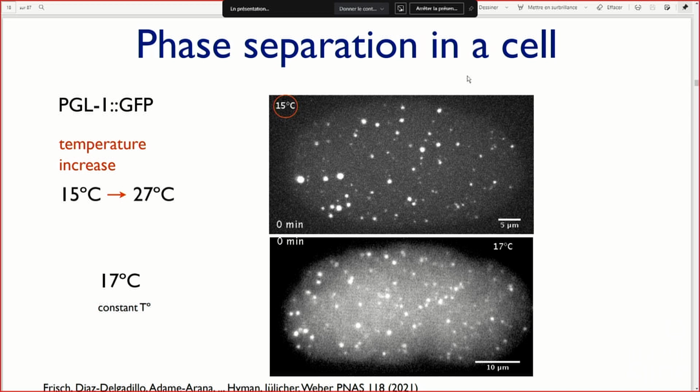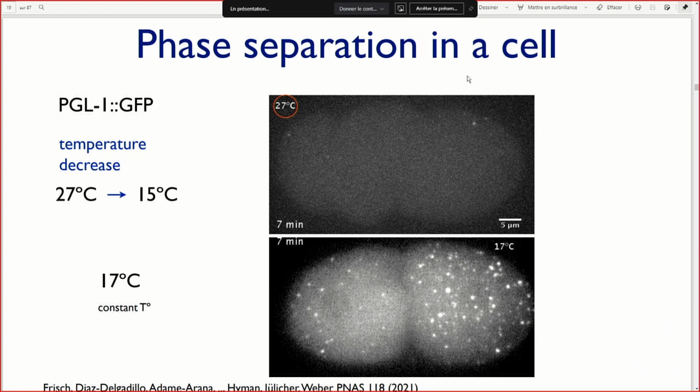And this is reversible. So this would happen as the temperature is increased. They dissolve, and then one can reduce the temperature again, and the droplets will reappear. So this looks a lot like a phase separation phenomenon, even though it is under non-equilibrium conditions in the cell.